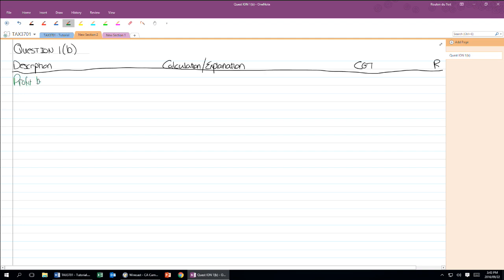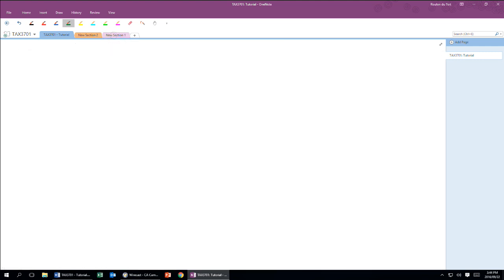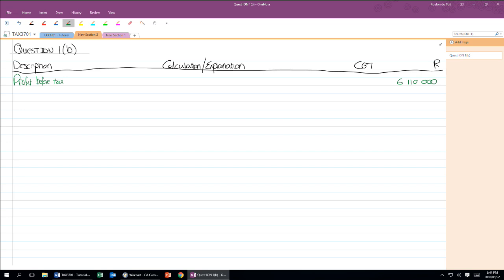So our profit before tax amount was 6,110,000. Now we go through it line by line. Let's start with sales. The accountant has added sales, and if we see what we did in part A, we said we also would have added it. So the accountant has done it correctly according to us.